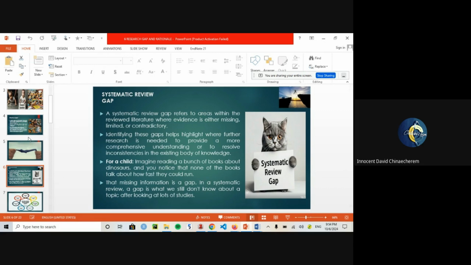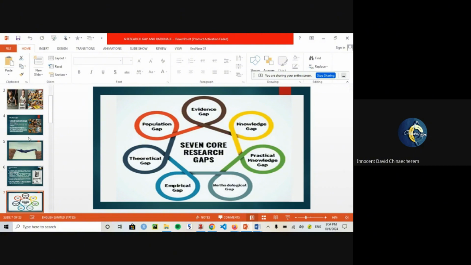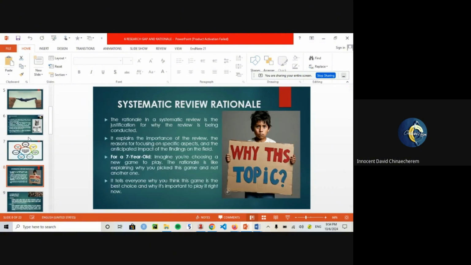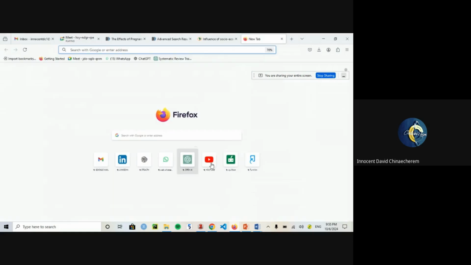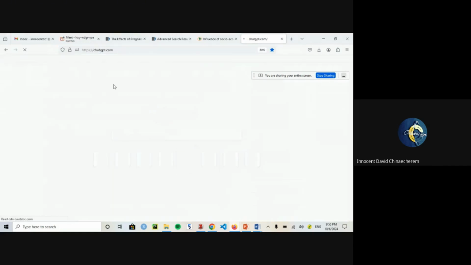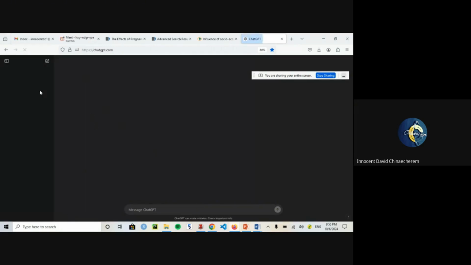And then I explained the systematic review rationale as the justification of why a systematic review is needed. Now I'm going to have a glimpse of that systematic review rationale. Let's use OpenAI to write that out to have a clear understanding of what I mean by that.